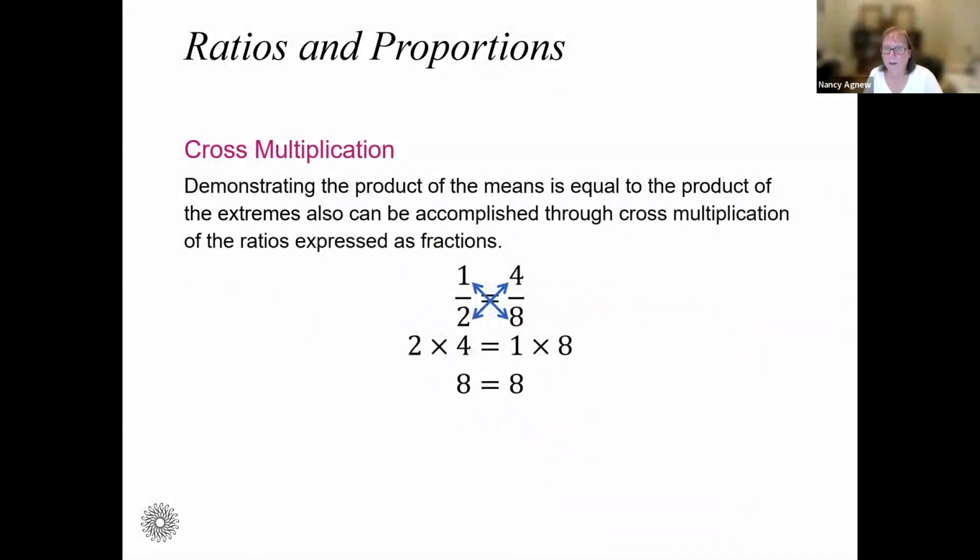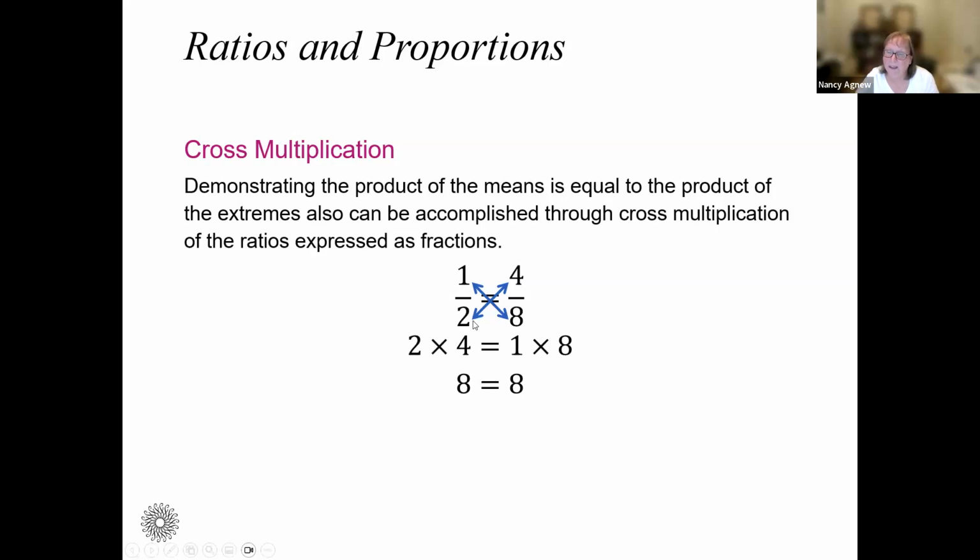So here's where it helps in some of our problem solving. Rather than writing those proportions with the colon between the two numbers, we're going to write them as fractions. And this concept of the product of the means being equivalent to the product of the extremes is cross multiplication.